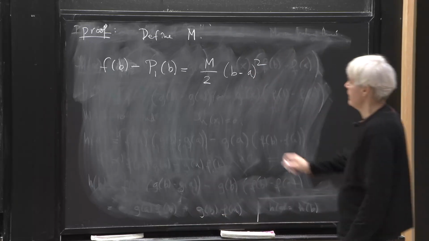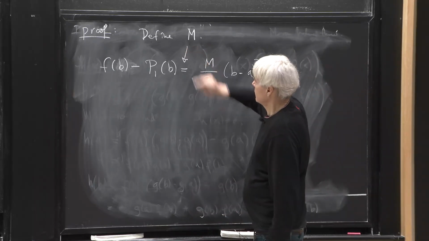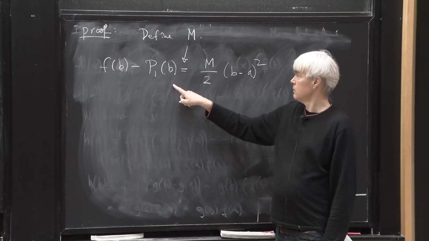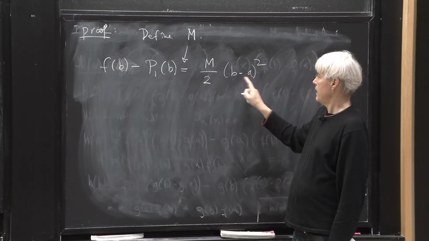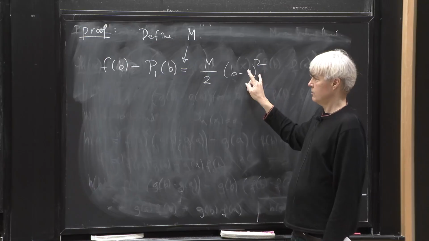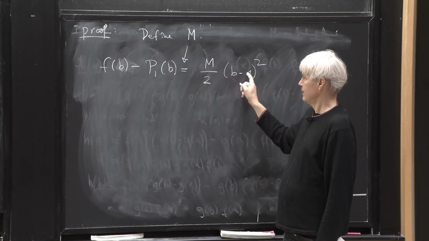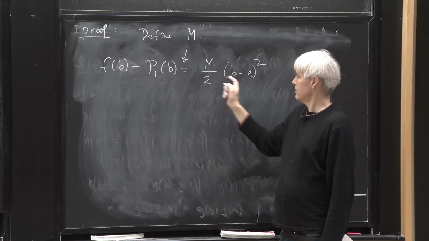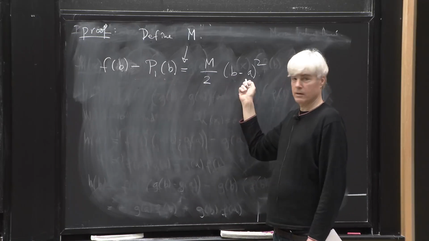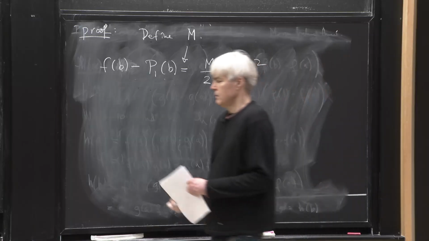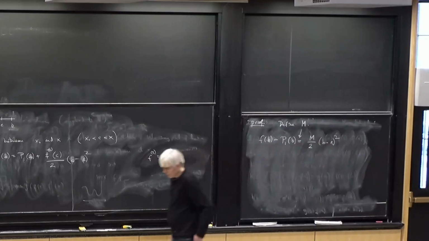So define M by this. This here just gives you some number. A and B are different, so B minus A squared is non-zero. So M is given by this difference divided by this, times 2. So that's how we defined M.